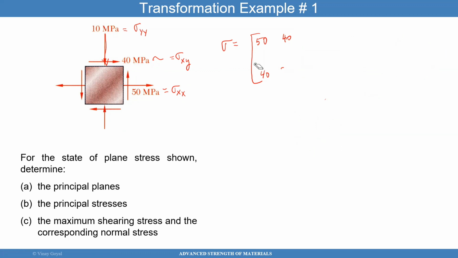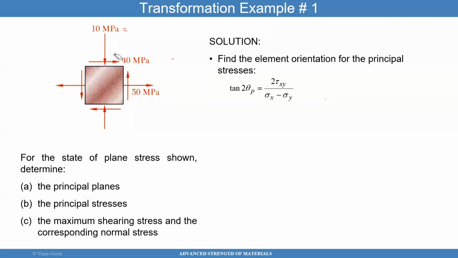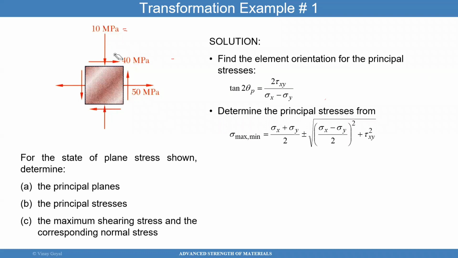It is very straightforward. So again, let me read the problem statement. Given the stress state presented here, what are the principal stresses? I'll find the orientation of the principal stress by using the formula. I know tau xy, I know sigma x and sigma y, so I should be able to find theta p very quickly.